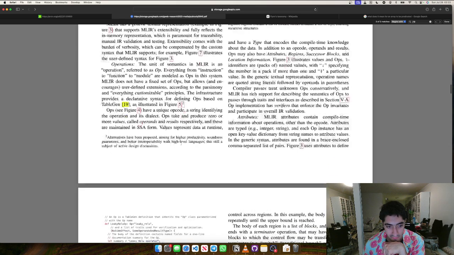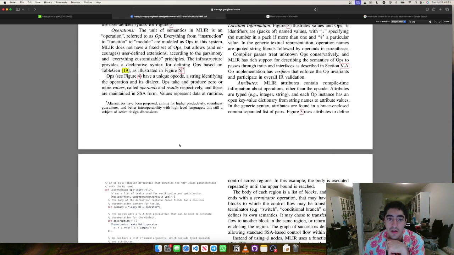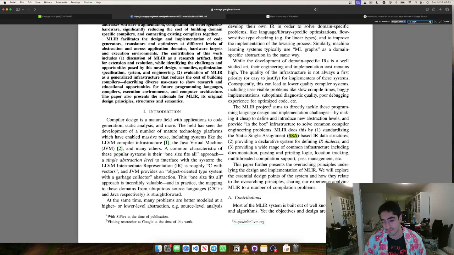Operations, see figure 4, have a unique opcode, a string identifying an operation and its dialect. Ops take and produce 0 or more values called operands and results respectively, and these are maintained in SSA form. Single static assignment.